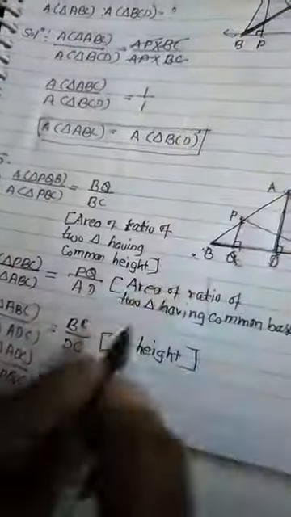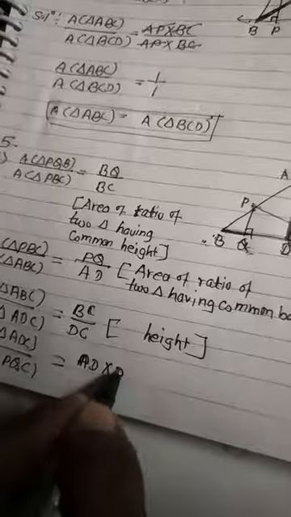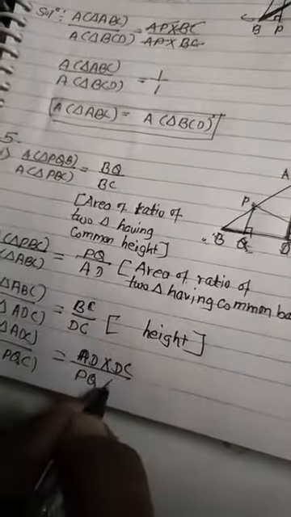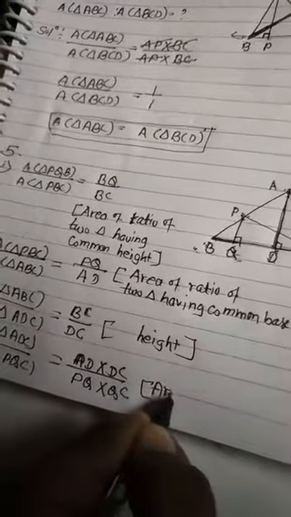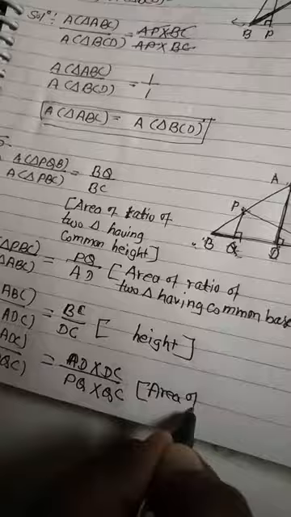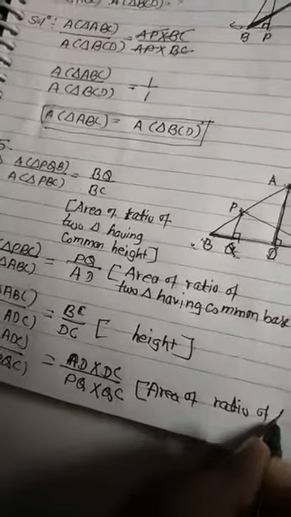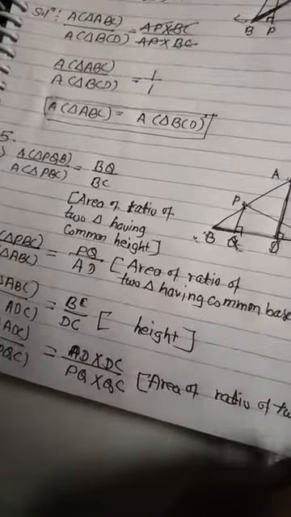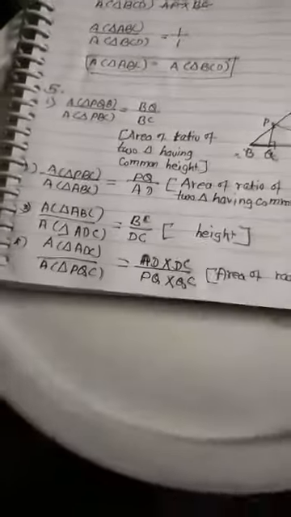For ADC it is AD, the height, into the base, upon PQ into QC. This is the area ratio of two triangles. In this way we have completed all.